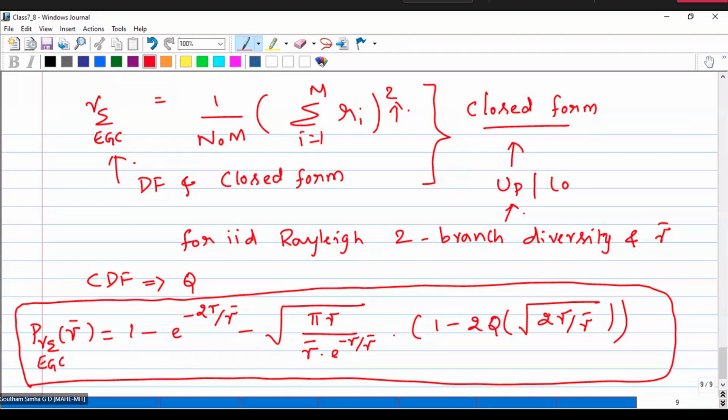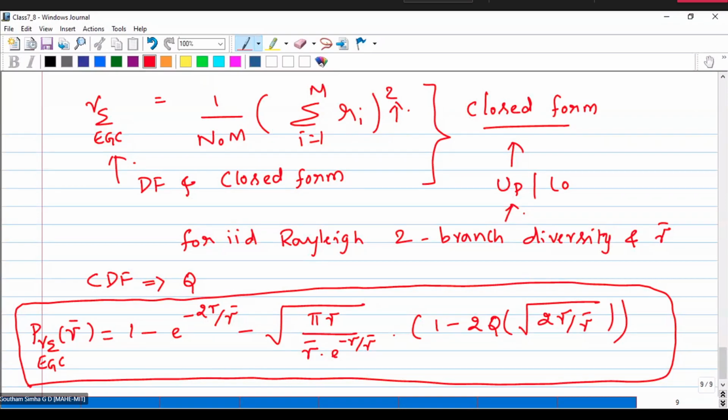CDF is nothing but: send the pilot symbols from the transmitter to the receiver, obtain the distribution pattern, fit it to a curve so that you will get it. Then why do I have to believe that this CDF is correct? This is over a lot of iteration. A large number of iterations have been carried out by combining it in the equal gain fashion in order to obtain this result. Practically, you have to do that. There is no other way. Then you have to obtain the CDF.